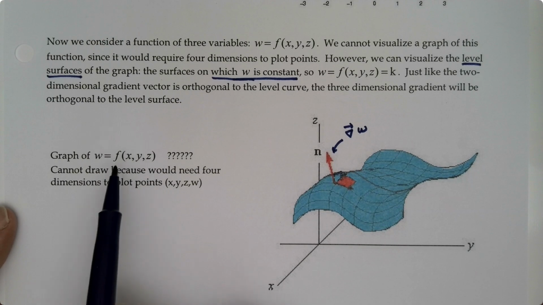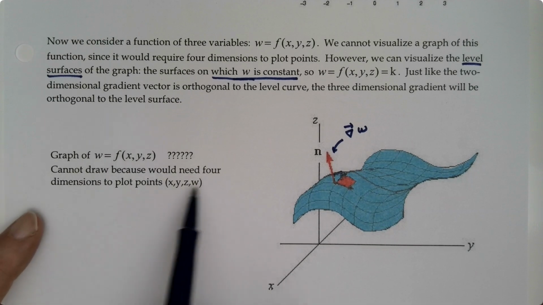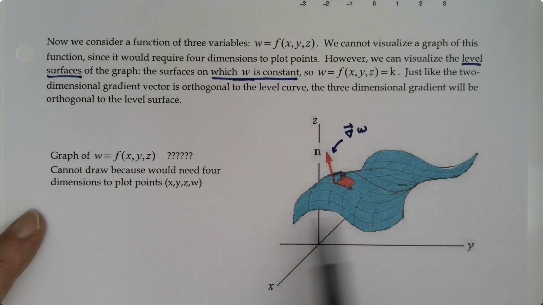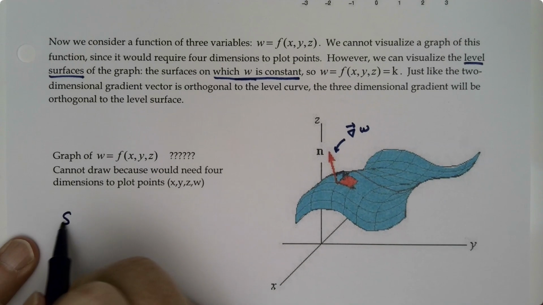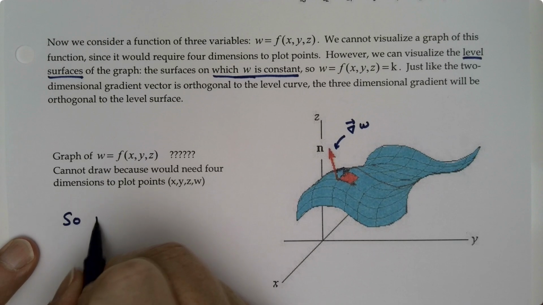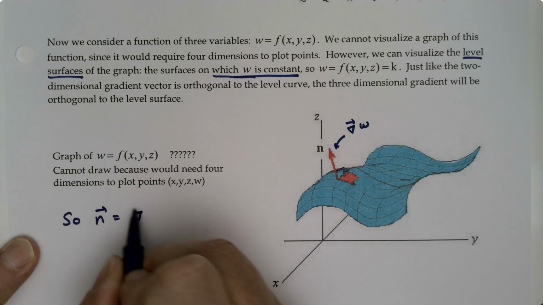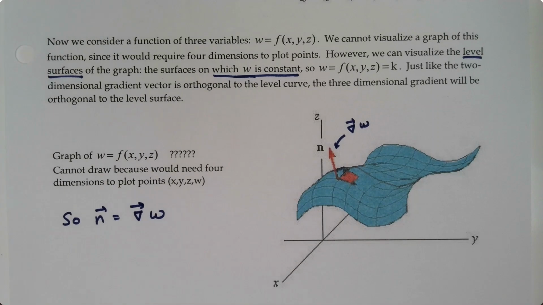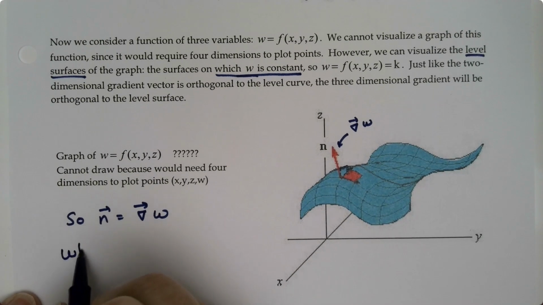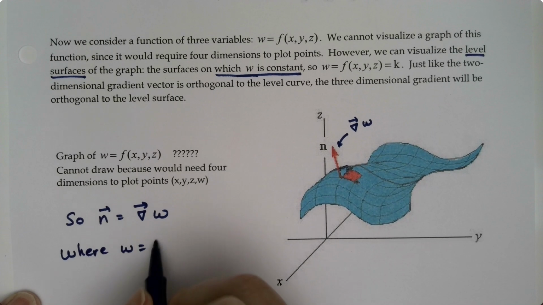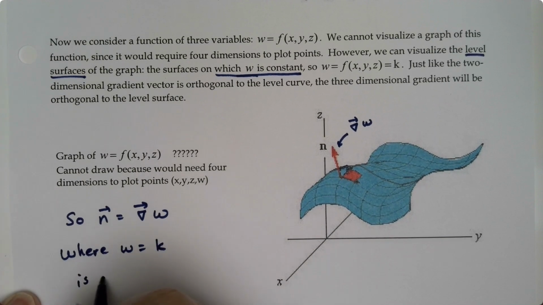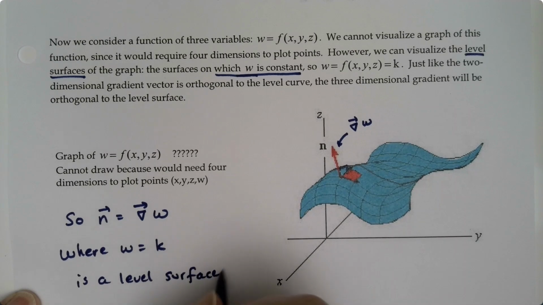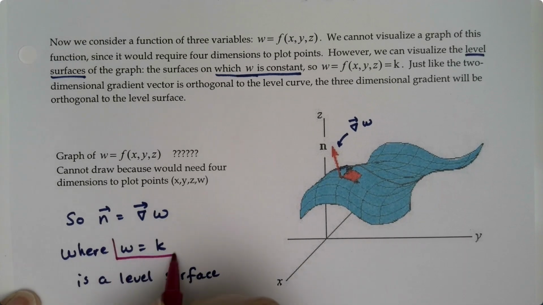Whatever this is, it's 4-dimensional, so we can't draw that, but we can draw the 3-dimensional level surface. So we can keep that in mind. So the normal vector would be the gradient of w, where w equals k is a level surface.